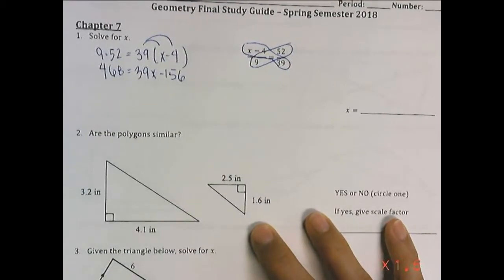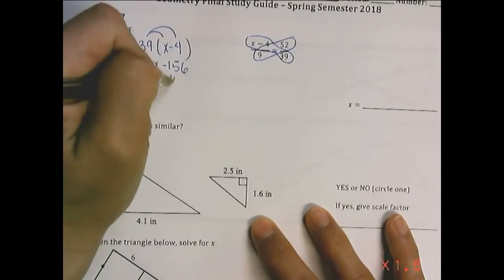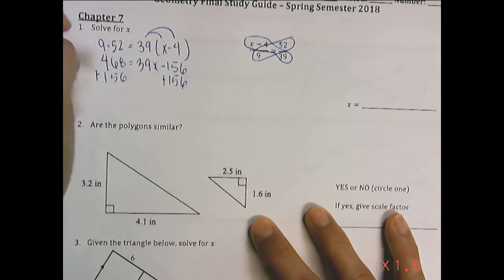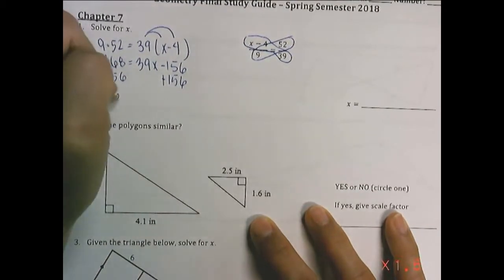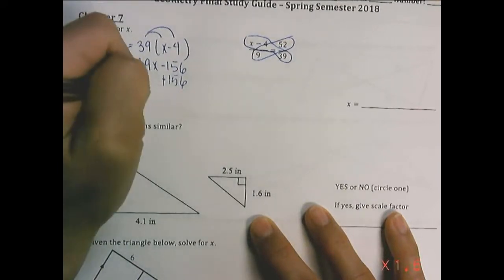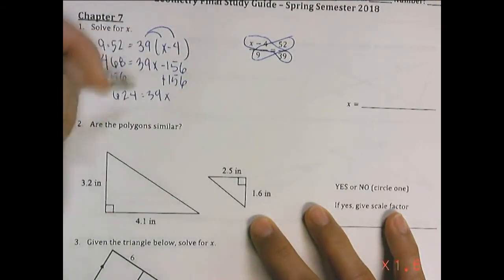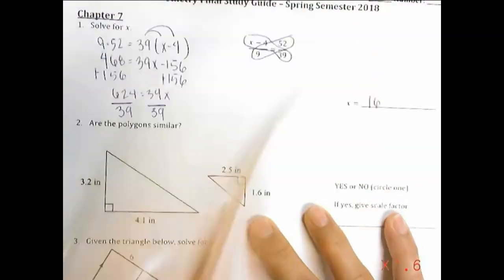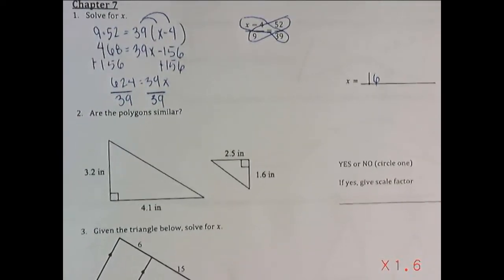We'll move things over to one side, so plus 156, and we will end up with 624 equals 39x. I'll then divide by 39 and divide by 39 and get x equals 16.